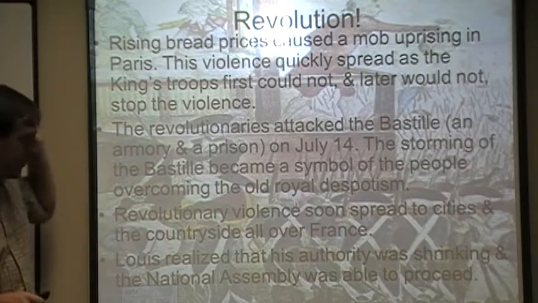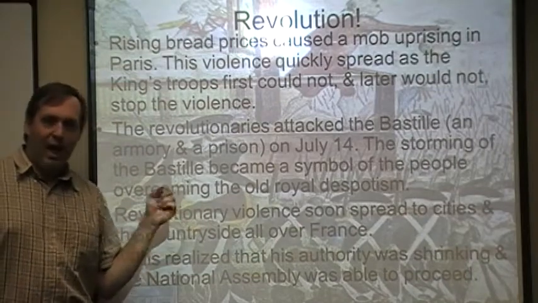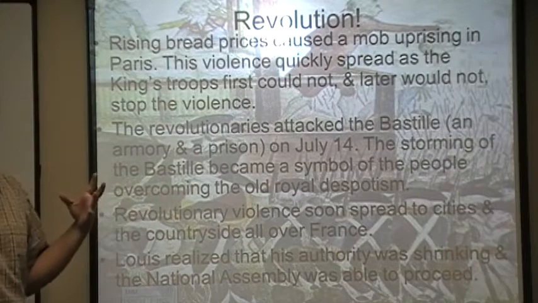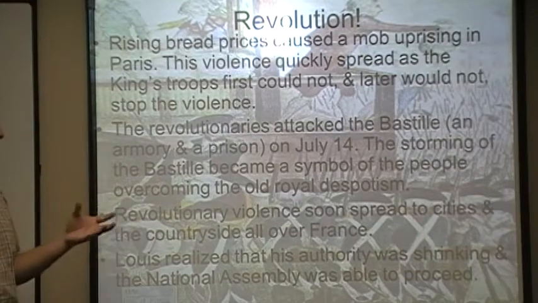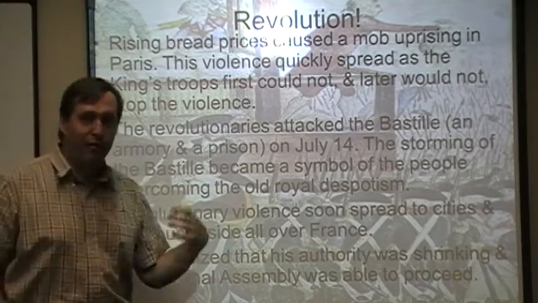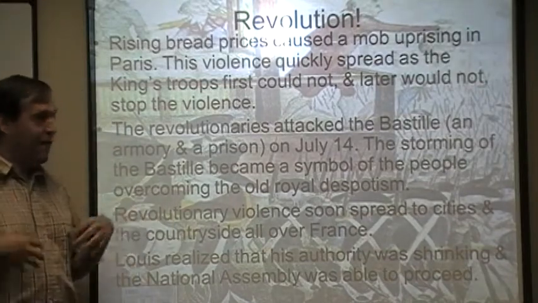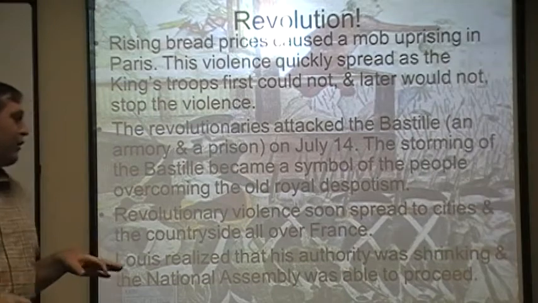Well, the violence at this point had been largely confined to Paris itself, but it begins to spread outward to the outlying cities and even the countryside all over France as more and more people begin to absorb these ideas of what's going on in the capital, and they begin to pick up steam themselves.